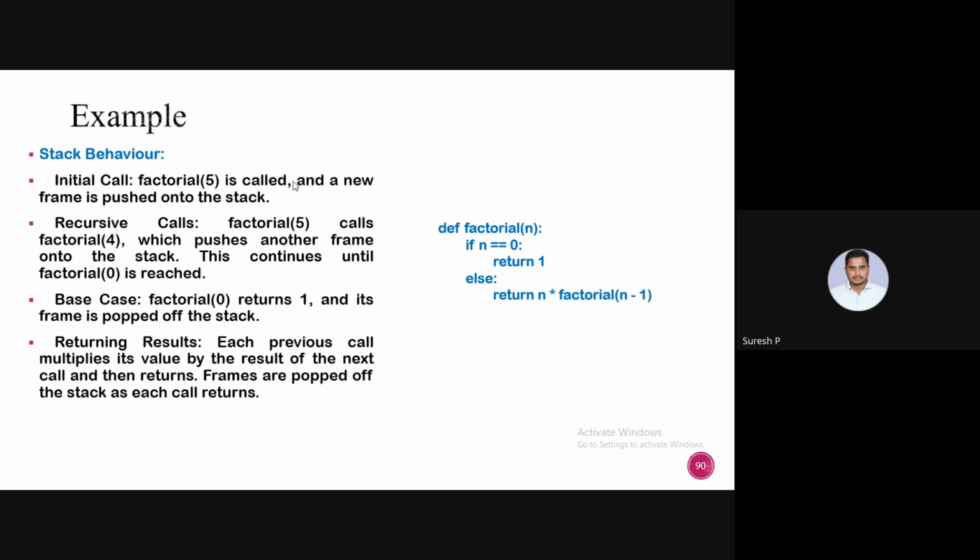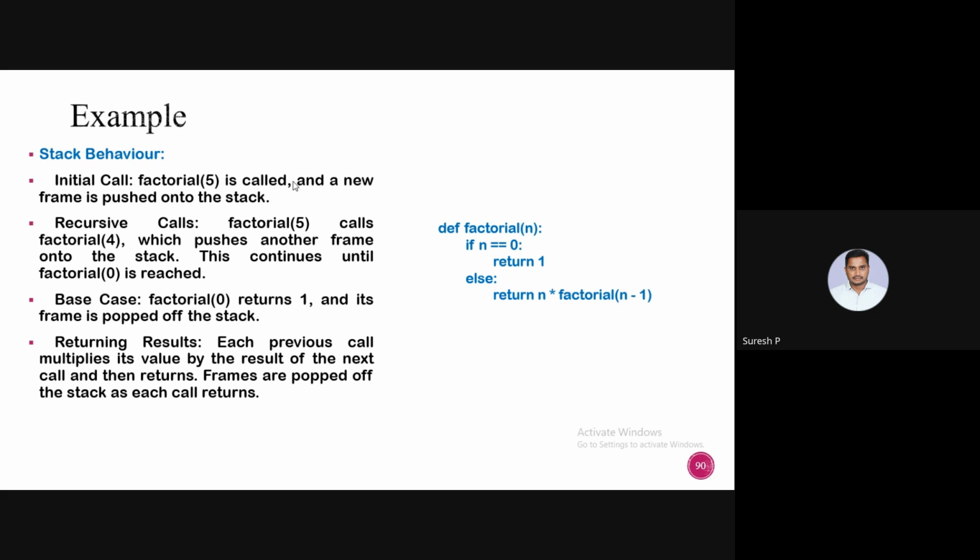So when you have the factorial function, how will the stack behave? The initial call will be factorial of 5. Whenever factorial of 5 is called, a new frame is added into the stack. Then factorial 5 calls factorial 4, and a new frame is added into the stack. Then factorial 4 calls factorial 3, factorial 3 calls factorial 2, factorial 2 calls factorial 1, and factorial 1 calls factorial 0.